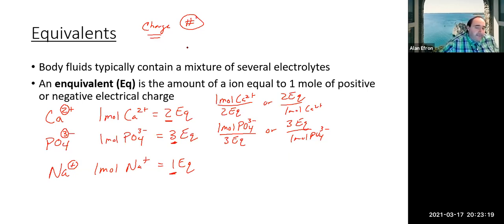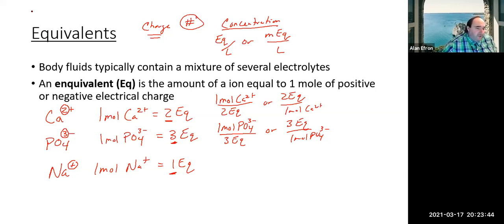Now, sometimes concentration is given in terms of equivalents, like in IV bags. It's usually given in 2 units, either equivalents per liter or milliequivalents per liter. What is the difference between these two? One's equivalents, one's milliequivalents.